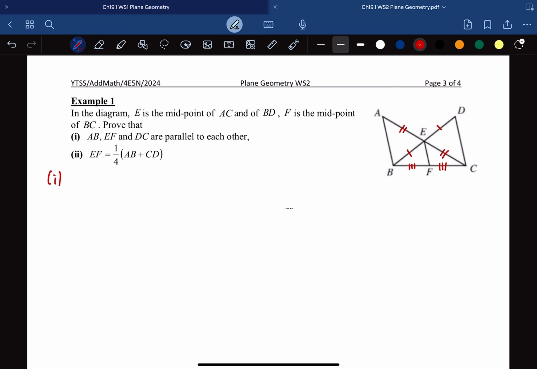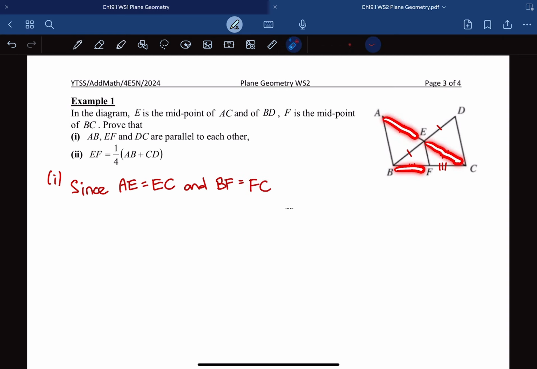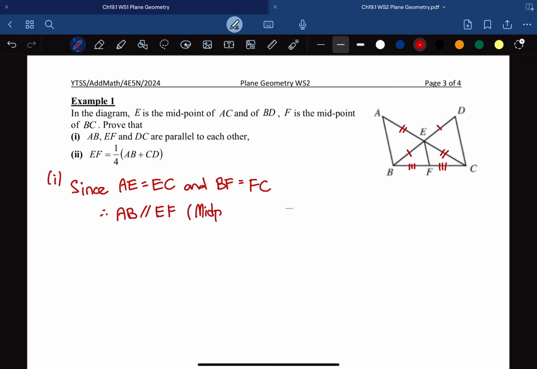Okay, since I know that AE is equal to EC and BF is equal to FC, I'm looking at this side equals to this side and this side is equal to this side. Therefore, in this triangle over here, I can make the conclusion that therefore AB must be parallel to EF. And the reason for that, you must write this reason down. This is by the midpoint theorem.